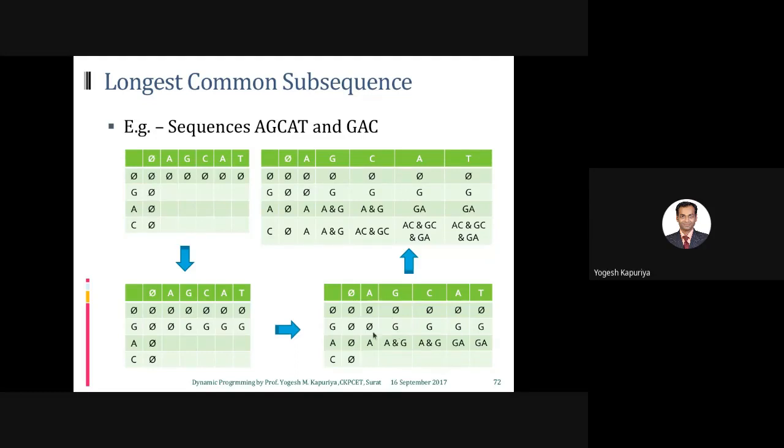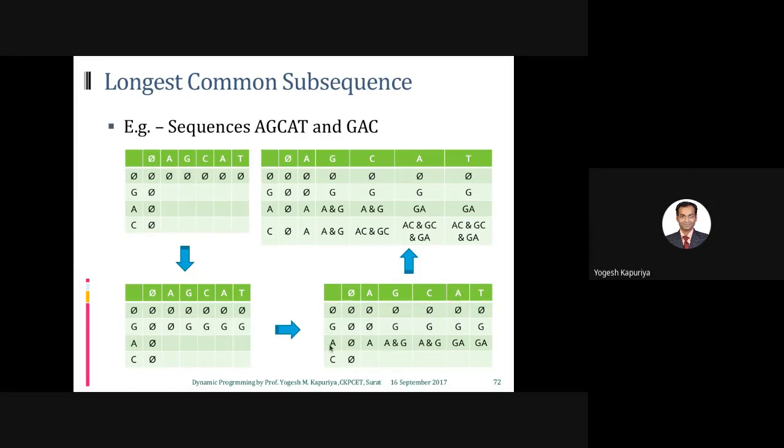Here the length is 1, here also length is 1. So both of them are same, so you will simply write both. This is just for your understanding, and we will understand why later. Then you have C, A. They are not matching. So you will see previous row or previous column. All of them are having length 1, so you will simply write that.